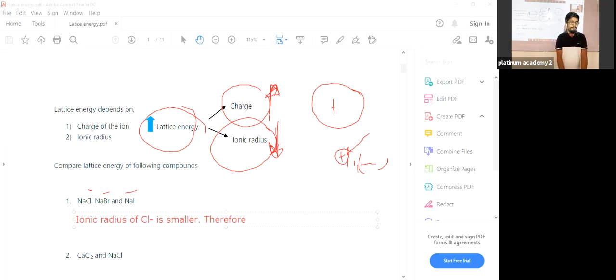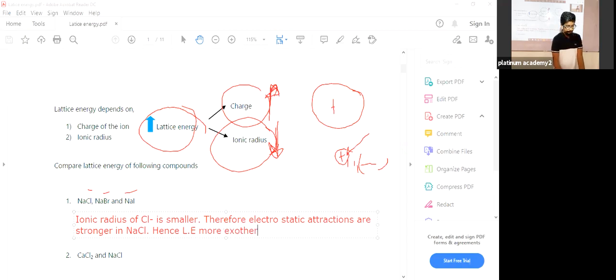Therefore, electrostatic attractions are strong in NaCl. Hence, the lattice energy is more exothermic.